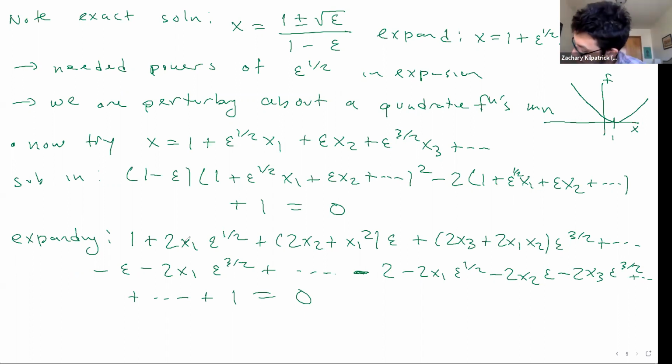So stuff from the quadratic term times 1, stuff from the quadratic term times minus epsilon, stuff from the linear term, and then it's just plus 1 equals 0.